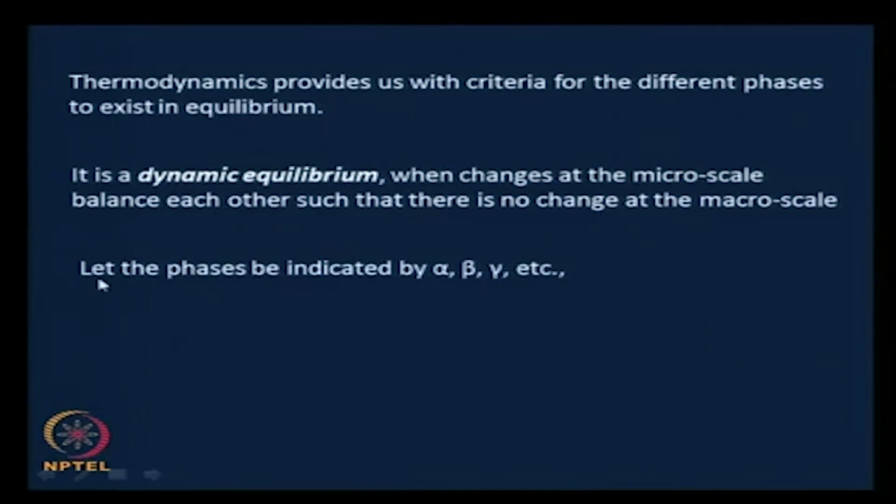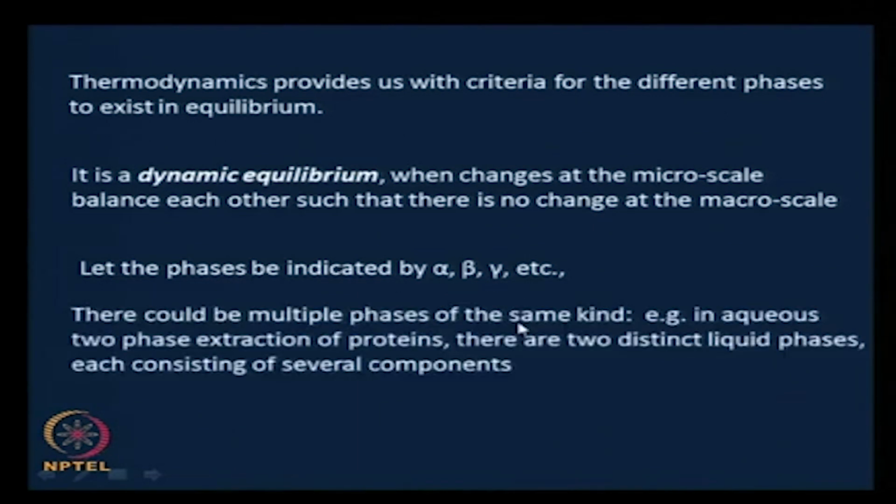For the purposes of this course, let the phases be indicated by alpha, beta, gamma and so on. Might need more, and in a minute we will see why. They could be multiple phases of the same kind, that is why we need more. For example, we may know that proteins are purified or extracted through a process called aqueous two phase extraction, where we have two liquid phases, two aqueous liquid phases.